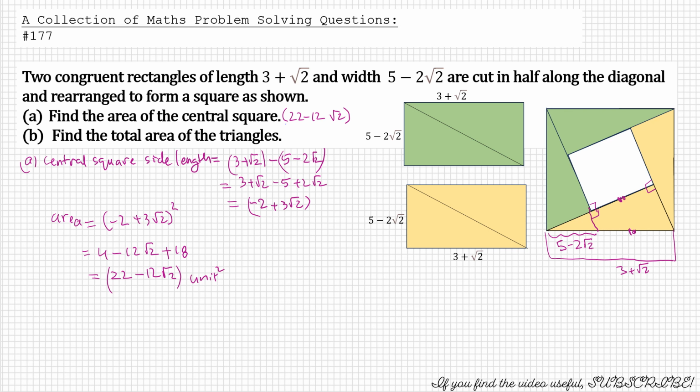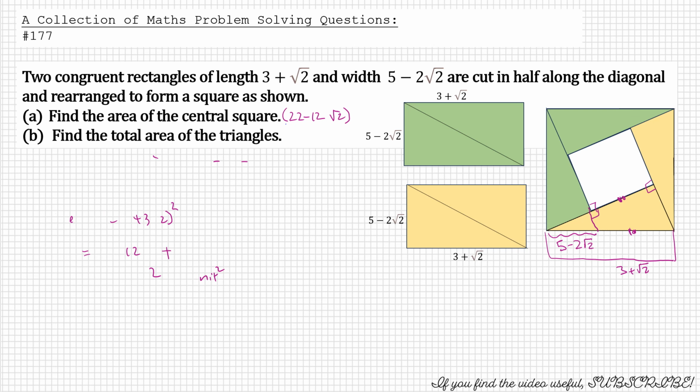Okay, now we need to find the total area of the triangles. The total area of the triangles is simply half times base times height multiplied by 4, because all the triangles would have the same area. So all we need to do is find the base and height.